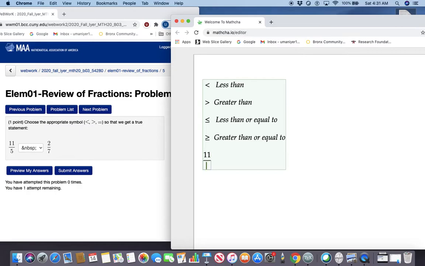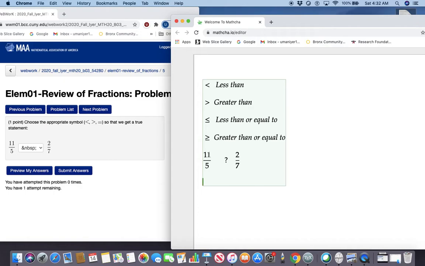The way you go about it is you convert it to whole numbers. A question about whole numbers. The way you do it is cross multiply. Keep in mind the numerator, the number on the top, stays on the same side when you cross multiply.